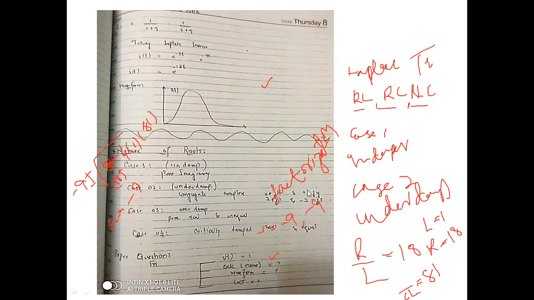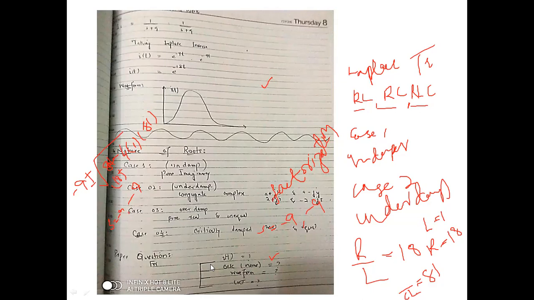The real part will be same, but there will be opposite sign for the imaginary term. That is called the conjugate complex. Case 3, overdamped, pure real and unequal. And case 4, critically damped, where the roots are real and equal.